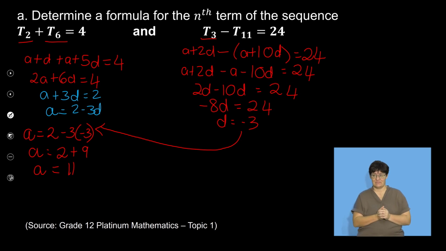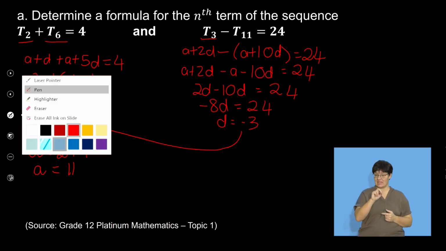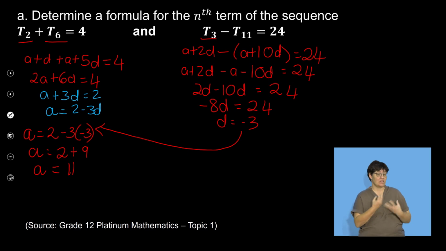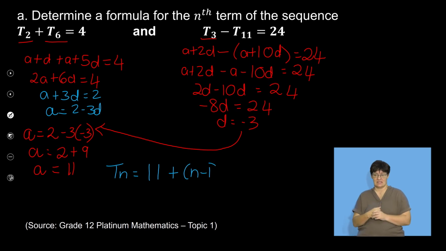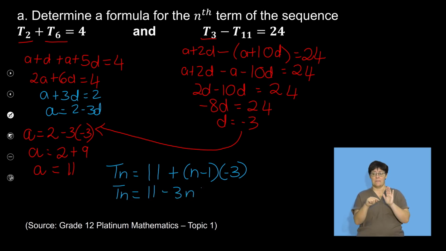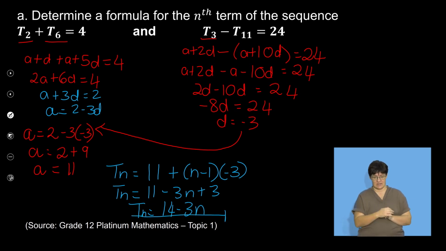So if I'm determining an nth term expression for the sequence, I'm going to have Tn is equal to 11 plus n minus 1 times negative 3. So Tn is equal to 11 minus 3n plus 3. So Tn is equal to 14 minus 3n.